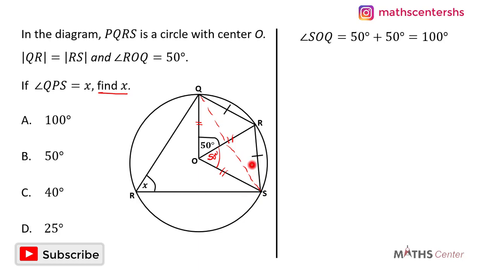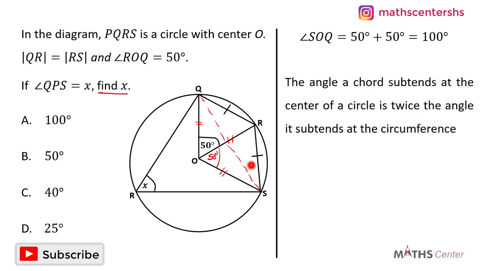One of the theorems of a circle is that in a circle, the angle a chord subtends at the center of the circle is 2 times or twice the angle it subtends at the circumference. So here, the angle the chord QS subtends at the center is 2 times the angle the same chord QS will subtend at the circumference.